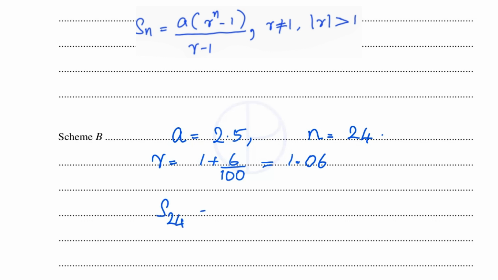So what is the sum formula for a geometric progression? S24 equal to A multiplied by R power N minus 1 divided by R minus 1. So what is A here? 2.5 multiplied by 1.06 power 24 minus 1 divided by 1.06 minus 1.